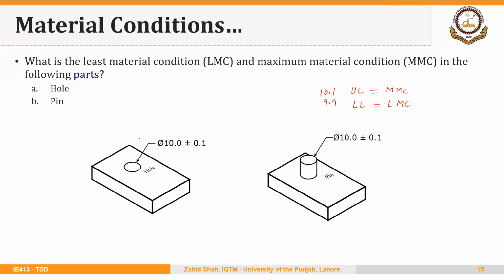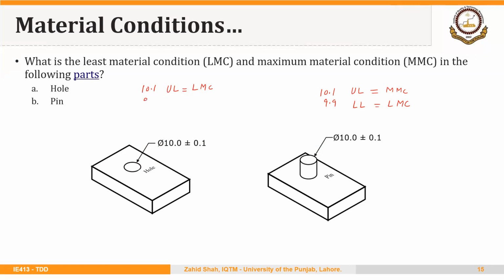In the case of a hole, when the hole is made smallest, there will be maximum material in this part. So the upper limit here is 10.1 and that is the least material condition. So when this hole is made at the upper limit, we will be removing maximum material, so remaining material will be minimum. So that is the least material condition.